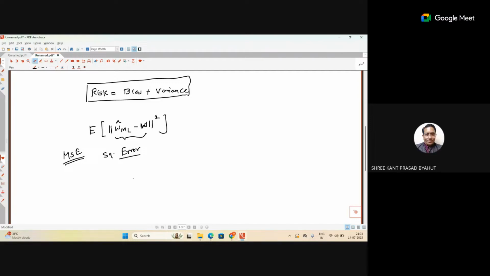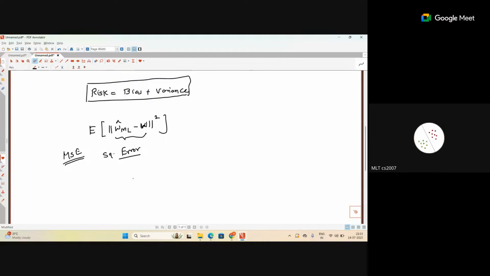This happens when we do the maximum likelihood, so we are measuring the maximum likelihood error, the error of the maximum likelihood we have calculated from data.